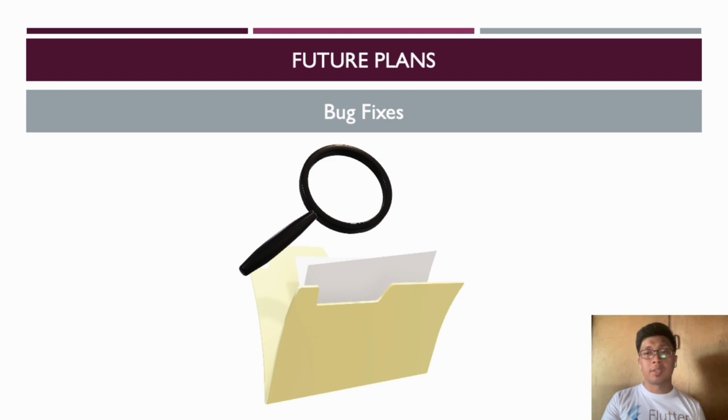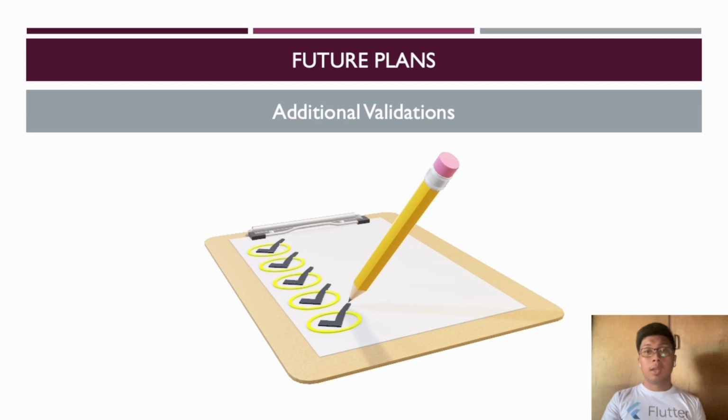As the system is continuously undergoing enhancement, the developers will be able to identify bugs and fix them. Lastly, additional validations. The developers will be able to increase the validation on the processes in the system. This will be helpful to keep the integrity of the system, especially that it is constantly developing.